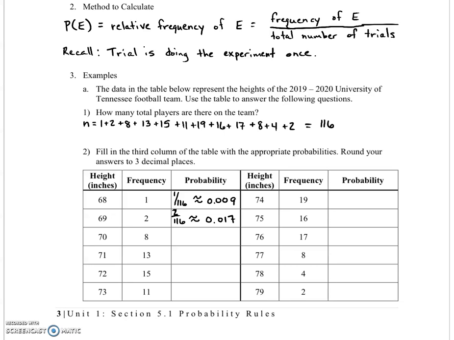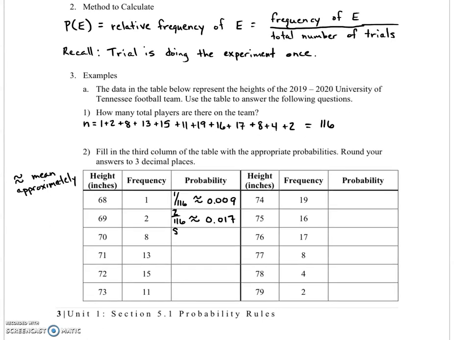Now be aware, I'm using the little double squiggles. These mean approximately. It means we rounded, and so our answer is not exact.